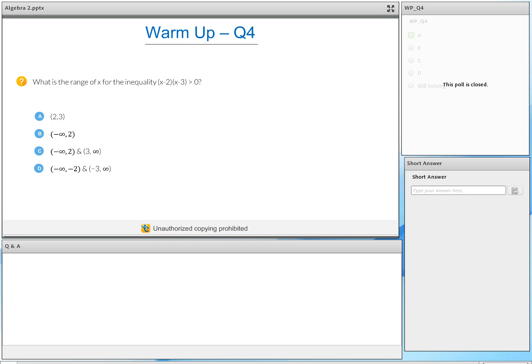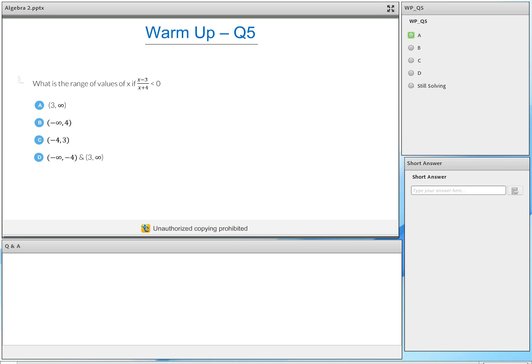And here comes question number 5. Click on still solving, please. Okay, here you go.